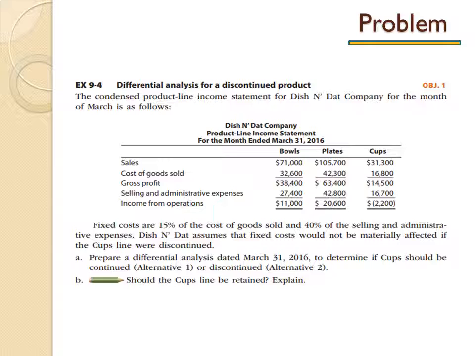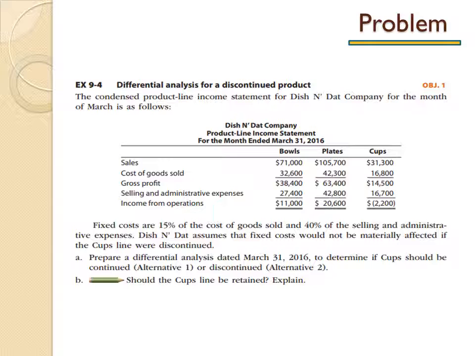And for the Plates product line, we have $20,600 income from operations. And lastly, the Cups product line, which has a loss from operations of $2,200. Fixed costs are 15% of the cost of goods sold and 40% of the selling and administrative expenses.